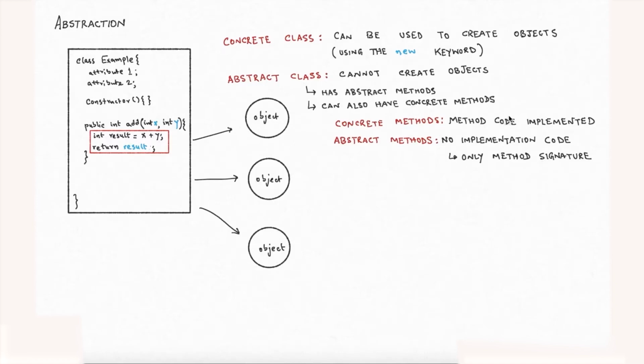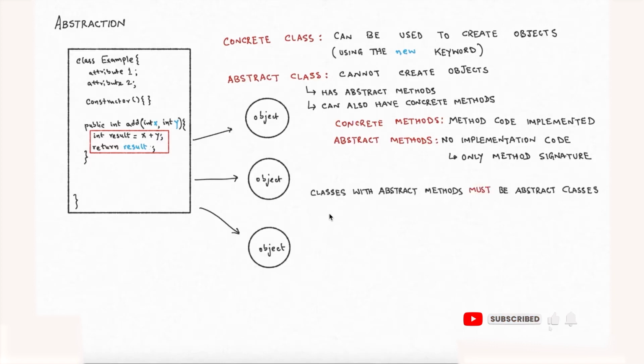We can have abstract classes with only abstract methods, but as mentioned here, we can have abstract classes which also have concrete methods. A concrete class can never have an abstract method. Any class that has an abstract method must be an abstract class.